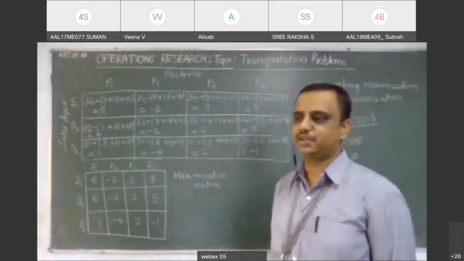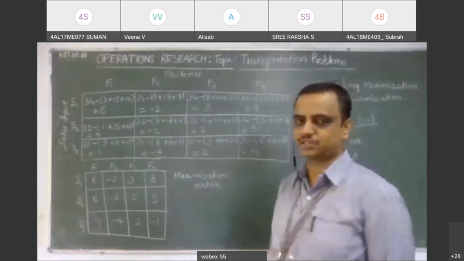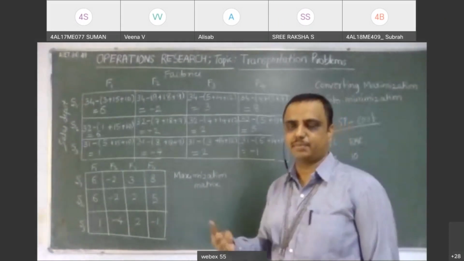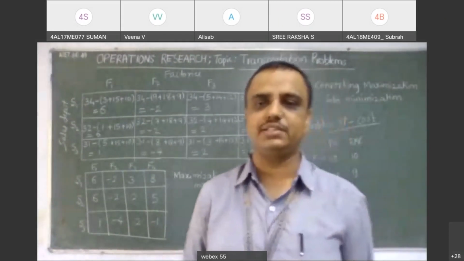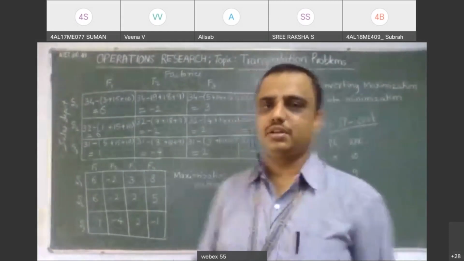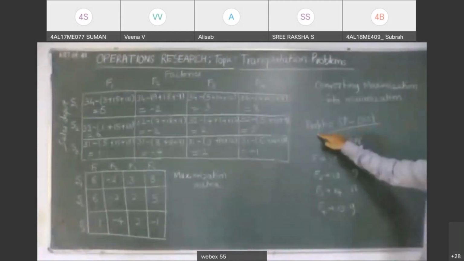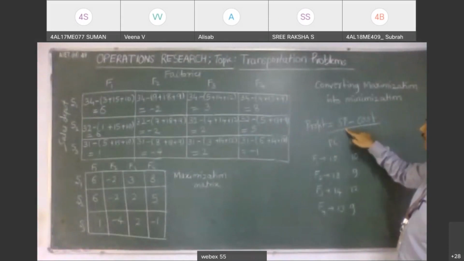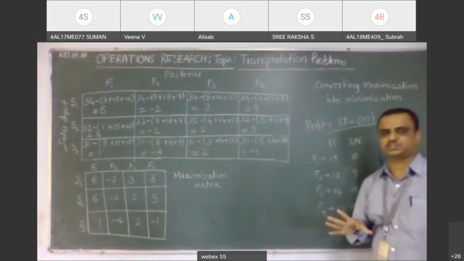How many costs are given? One is the production cost. Second one, raw material cost. And the third one is transportation cost. So the formula is profit equal to sales price minus all the cost.